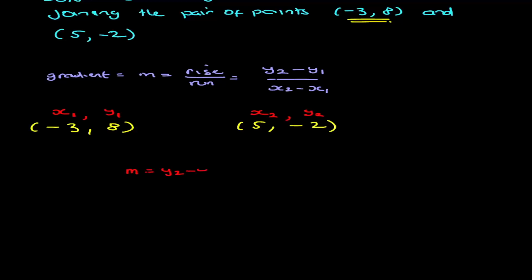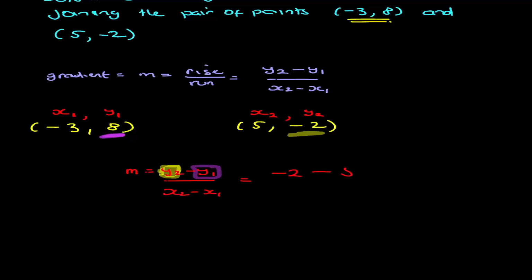Then we read out our formula. So it is just y2 take y1 on x2 take x1. And then we just sub in our values. Just be very careful. People often get these values confused. So y2 is that value and y1 is that value. So let's sub it in. So it says y2. Be careful, we've got lots of negatives here. So it's -2.